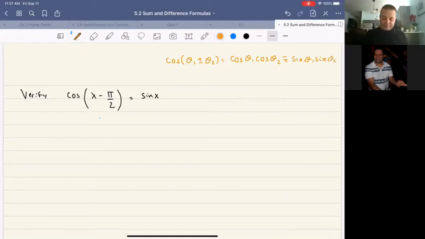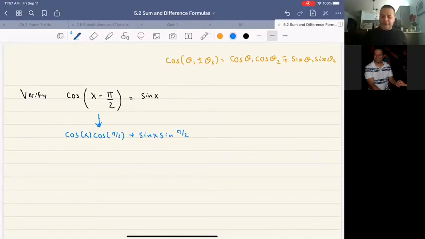So this is going to be cosine x cosine pi over 2 plus sine x sine pi over 2. Now, here's a question.